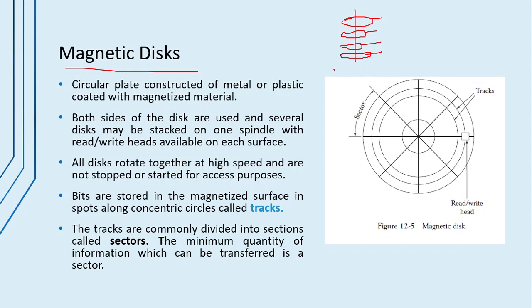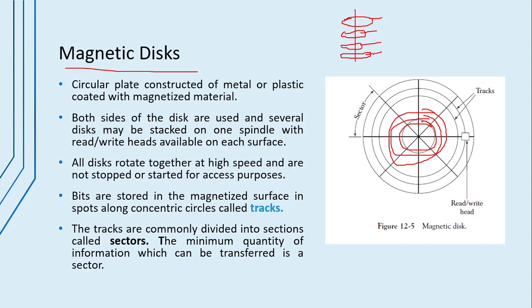All the disks rotate together at high speed and are not stopped or started for access purposes. The bits are stored in magnetized surface spots along concentric circles called tracks. So in the disk your data will be stored in circular form, and each circle is known as a track.